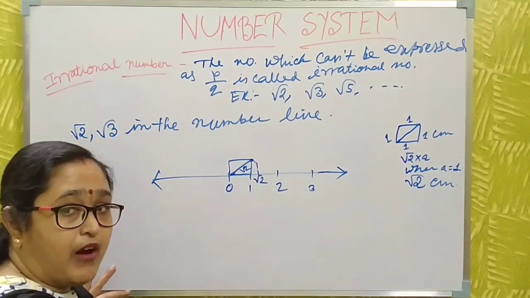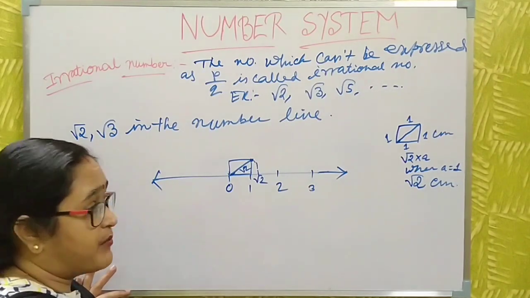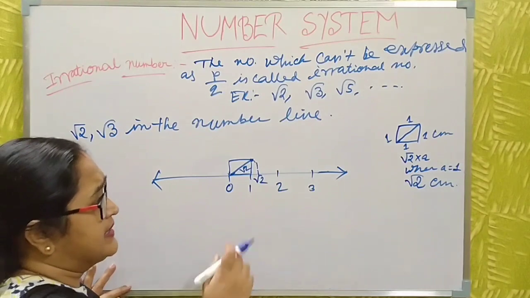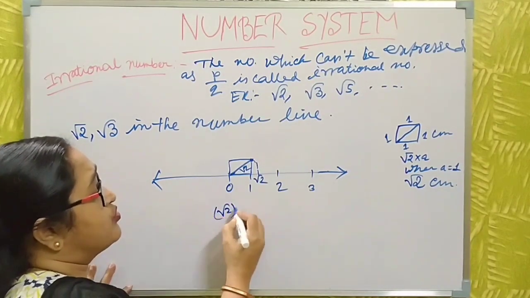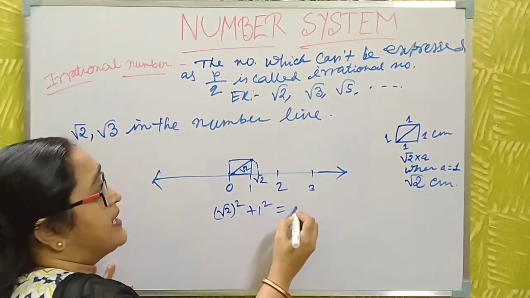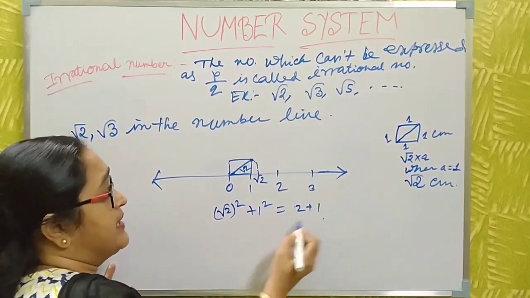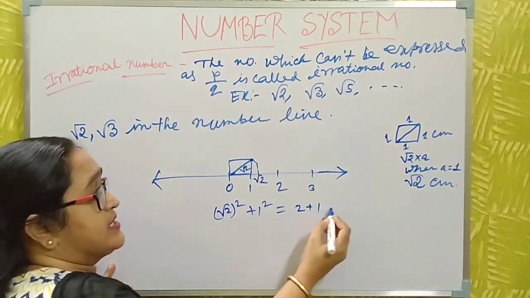This is root 2. Now I represent root 3 on the number line. What is root 3? Root 2 squared plus 1 squared is 2 plus 1, that is 3.